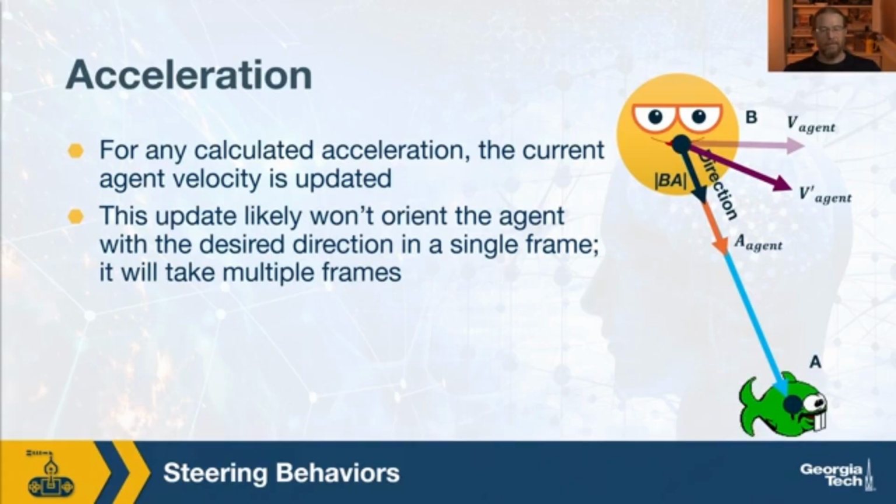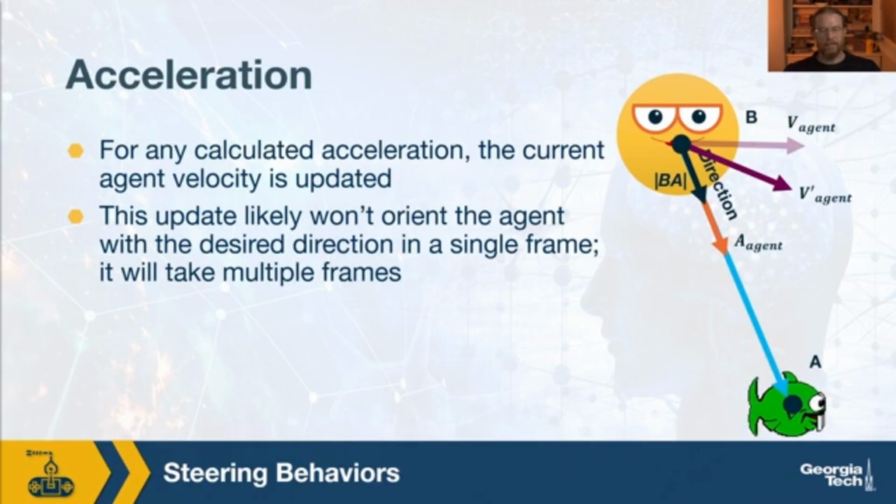So as the agent is moving, the direction relative to the agent is going to change because it's translating through the environment. So we have to redetermine direction vectors, like a relative position vector to a target or a goal. And every time we do that, we can use that to determine acceleration.